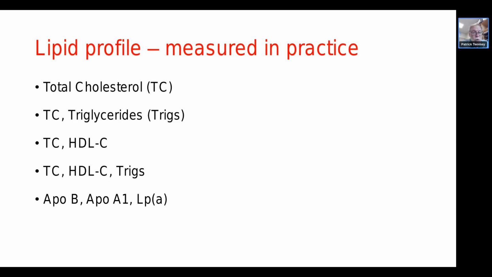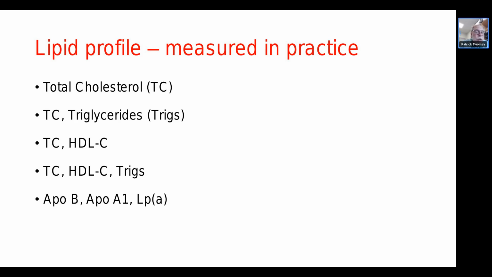Unfortunately, I still know some cardiologists who just request total cholesterol. I wish they didn't, but that's what they do. Others will do total cholesterol and triglycerides. I know a lot of primary care physicians have difficulty with triglycerides, so they quite like total cholesterol and HDL cholesterol only as a profile. Some like total cholesterol, HDL, and triglycerides, and obviously you can calculate other things as a result.